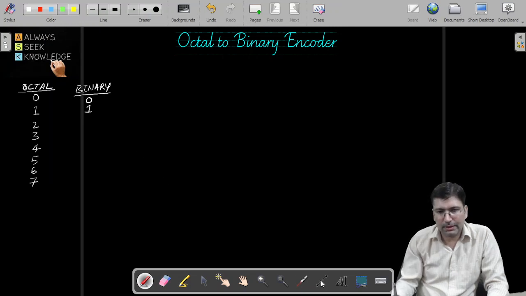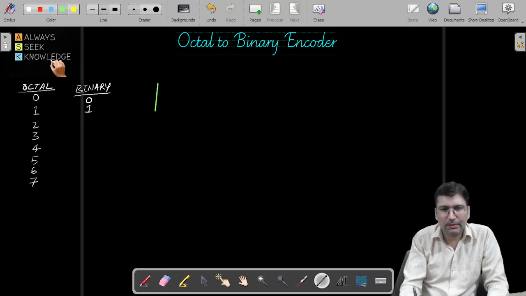If I draw it like this, an 8 cross 3 encoder can act as an octal to binary encoder. So let's look here.